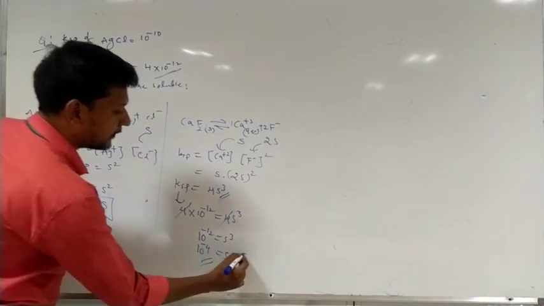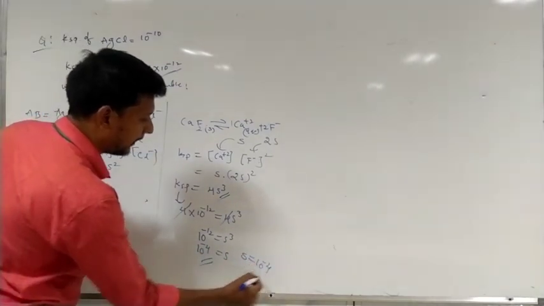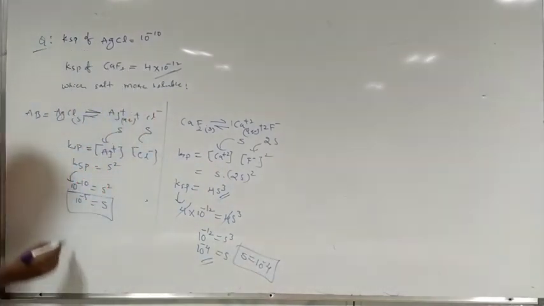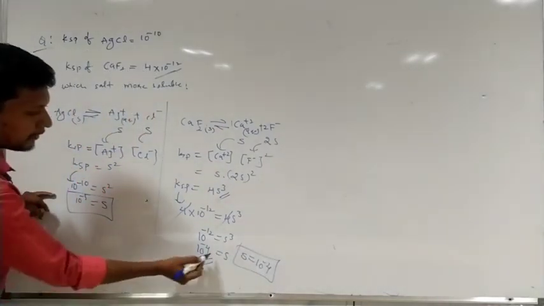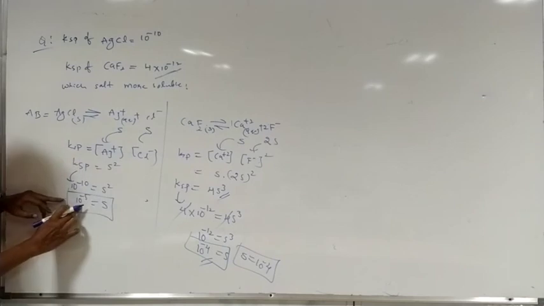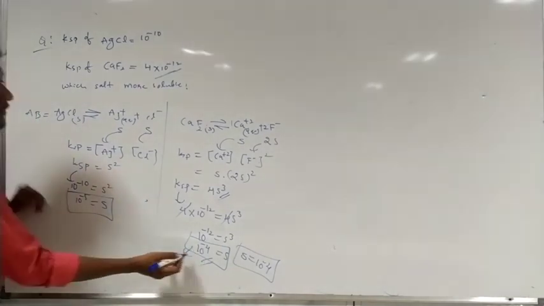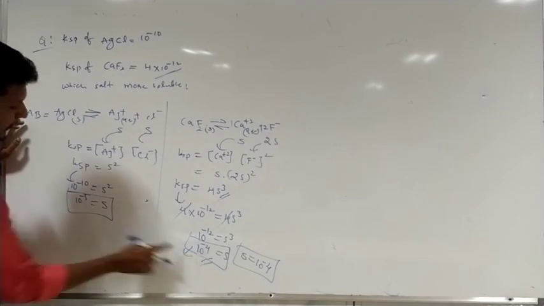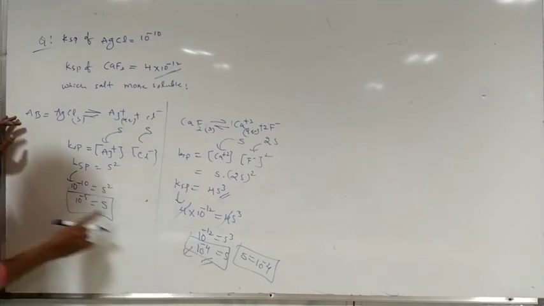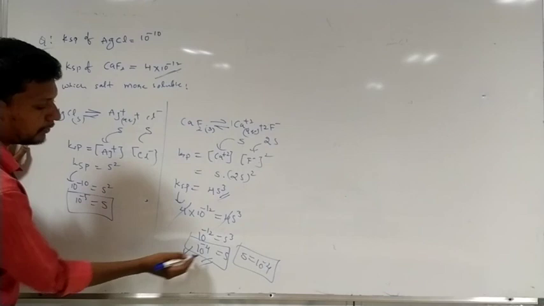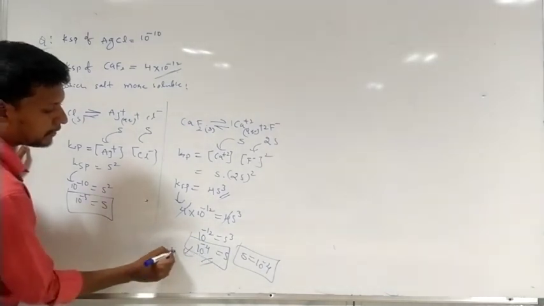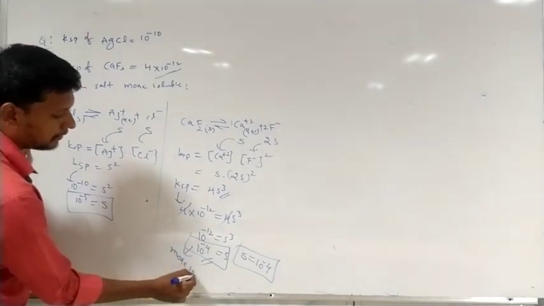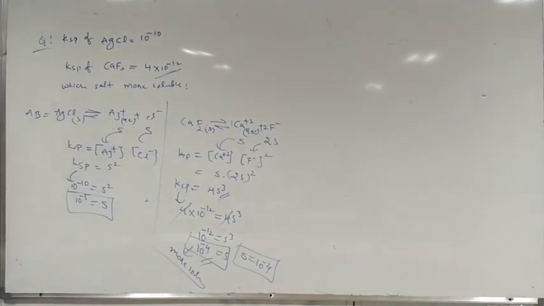The answer is S is equal to 10 to the power minus 4. Then we are going to compare these two. Which is the more solubility value? 10 to the power minus 4 compared to 10 to the power minus 5, 10 to the power minus 4 is the more value. That's why it is more soluble.